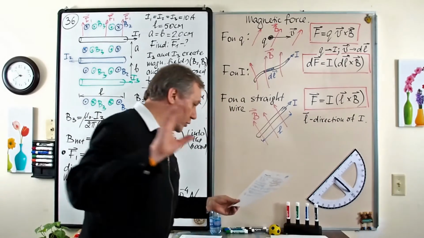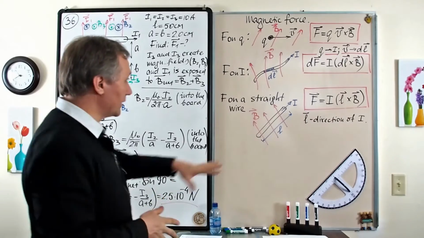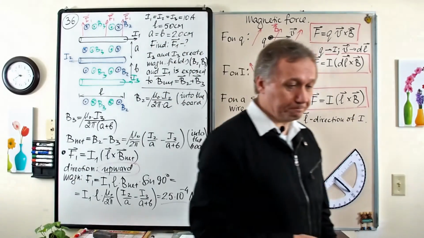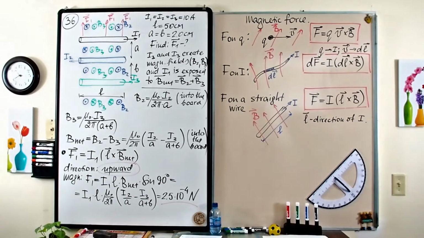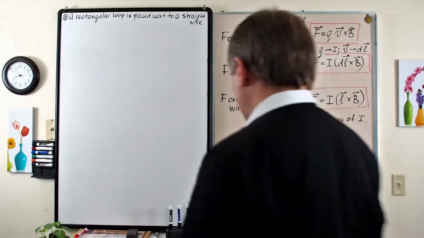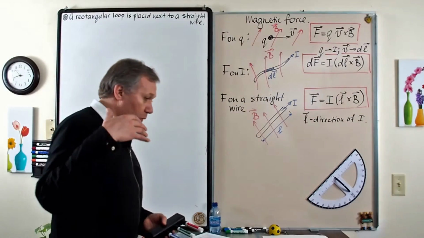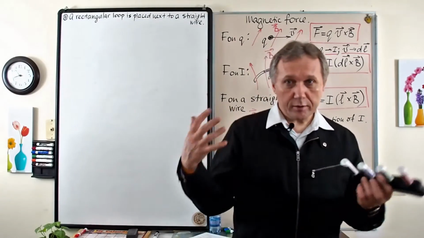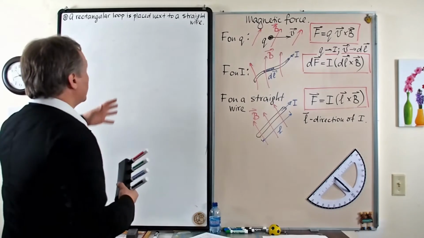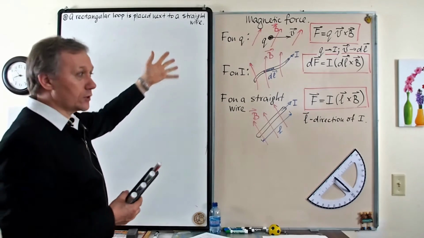And now we're going to make the next problem even more complicated, right? But again, it will be all about this formula. So in the next problem, we have a rectangular loop with a current which is positioned reasonably close to an infinitely long straight wire.